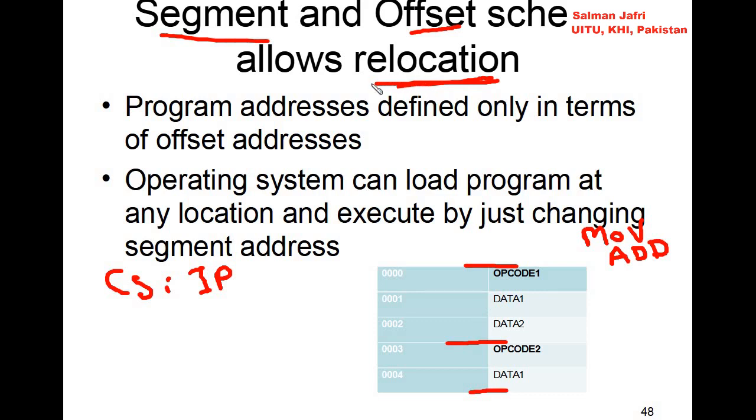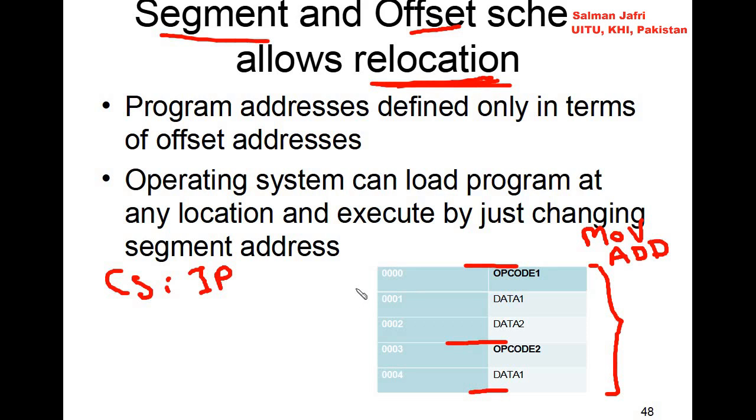Coming again to the same point, we always define addresses in terms of offset addresses, we don't define them in terms of the segment addresses. What do we mean by that? We see that our program is stored at the offset addresses 0000 to 0004. So this is the address at which our two instructions and our entire program are stored.